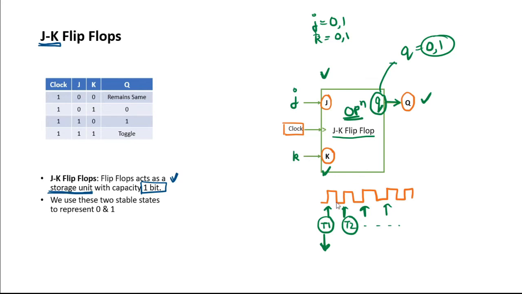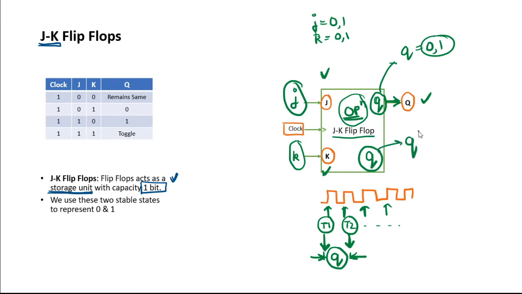Now between time tick t1 and tick t2, it will keep on providing this value small q on the line. That means, in a way, we can say that between tick t1 and tick t2, it stores the value q. Now at tick t2, it again takes new j and k, does the operation, and generates new q dash.